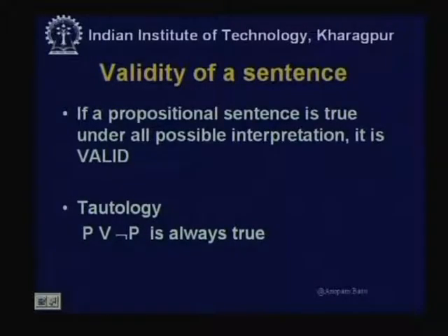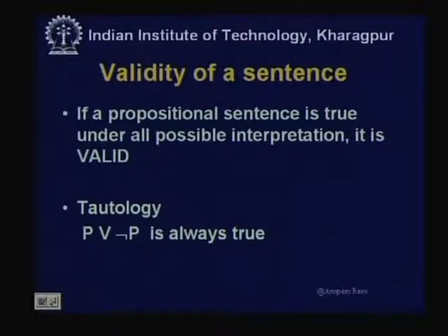P or not P. Now P can be true. If P is true, then not P will be false. But we know that in an or connector, if any one of them is true, it will be true. Now what will happen if P is false? If P is false, then not P will be true.